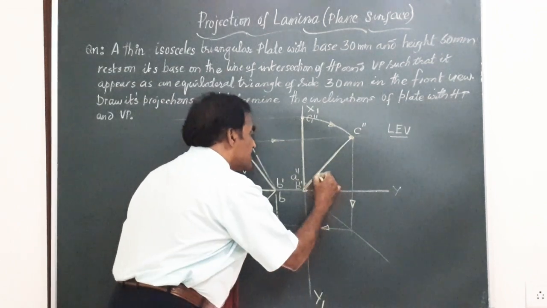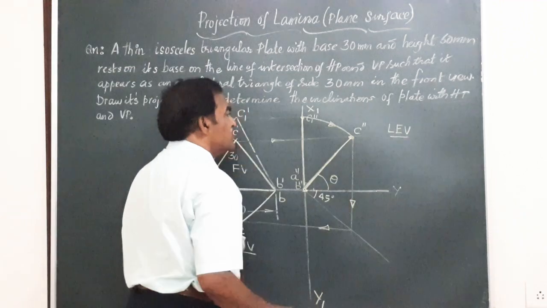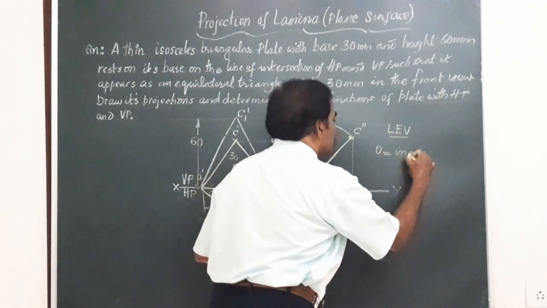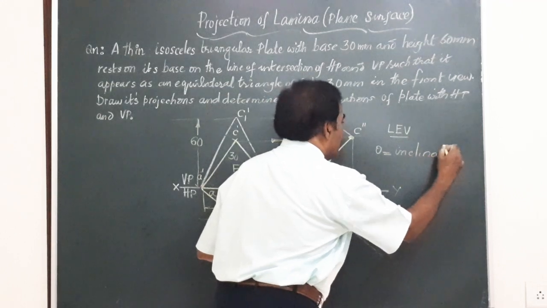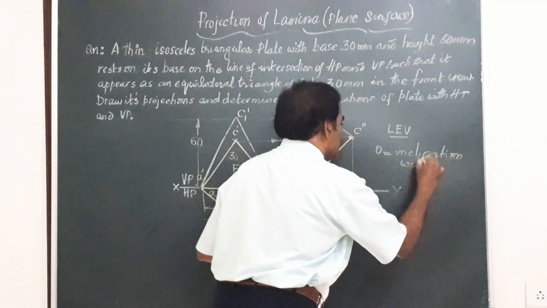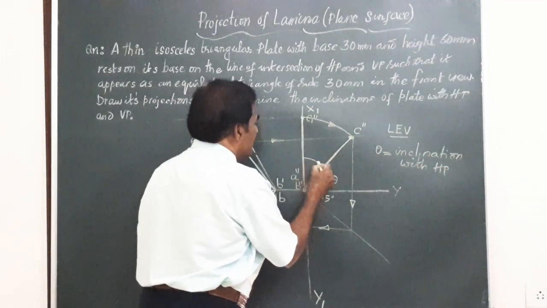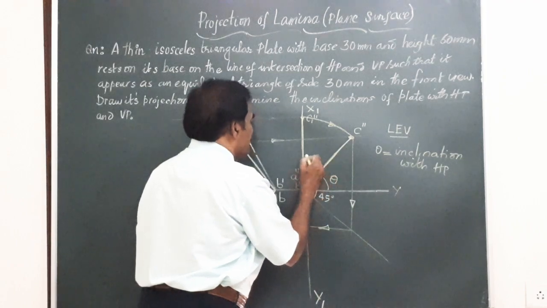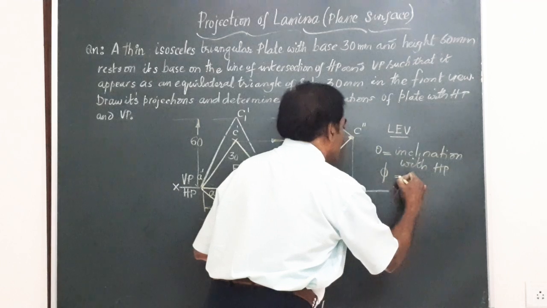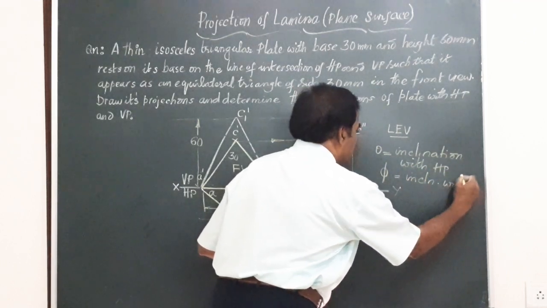So if you just measure this, this will give you the angle theta. So theta represents the inclination of the lamina with HP, and the other part will give you the inclination of the surface with VP, that is phi. So phi is equal to inclination with VP.